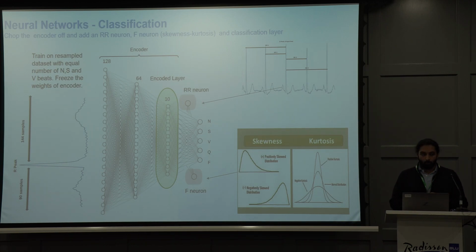But what would happen if instead of feeding it raw data, you feed in some features, which many of you might have done? We tried this. In many other papers, there are things called skewness and kurtosis, which are statistics about a distribution. Other papers also use something called RR, which are the peaks between two heartbeats.